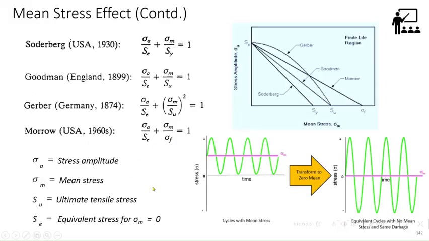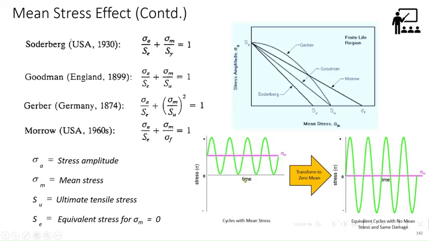Now what exactly does this equation say? You have an applied stress with a certain mean stress which is not 0. Please also keep in mind, if you have an SN curve available for different mean stress or different R ratio, well and good, that's not an issue. Directly you can refer to it. Now the question, if you don't have it, how do you go about it?